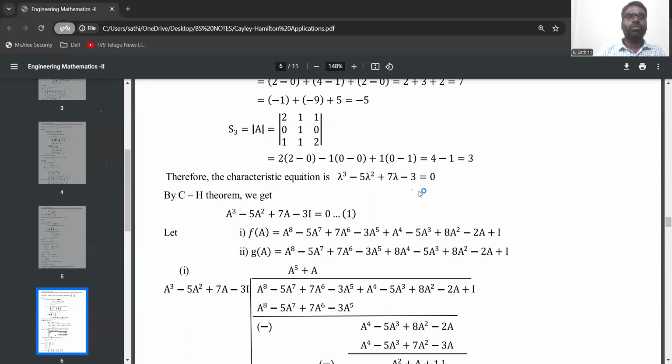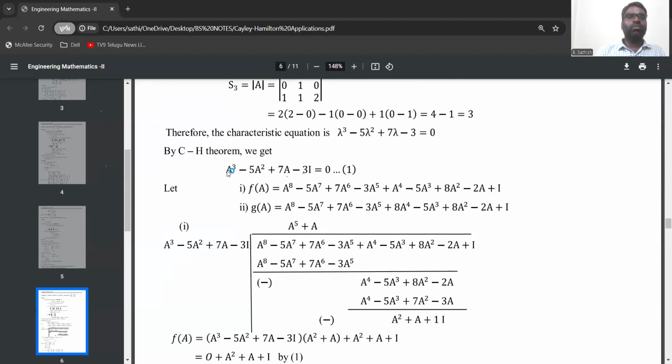So we simply substitute the S1, S2, S3 values in the above characteristic equation. We'll get lambda cube minus 5 lambda square plus 7 lambda minus 3 equals 0. By the Cayley-Hamilton theorem, simply substituting the given matrix A in place of lambda, we get A cube minus 5A square plus 7A minus 3I equals 0.